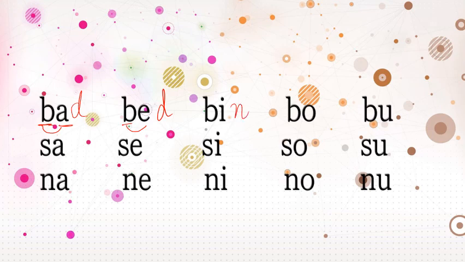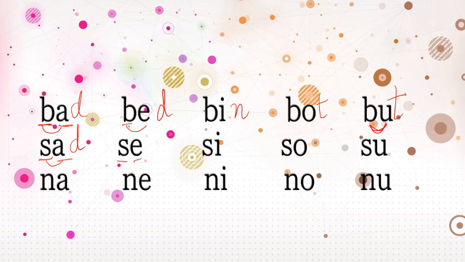B, o, t, pot. B, u, t, but. S, a, sat, sad. You may tell them to make other words also by using different sounds.